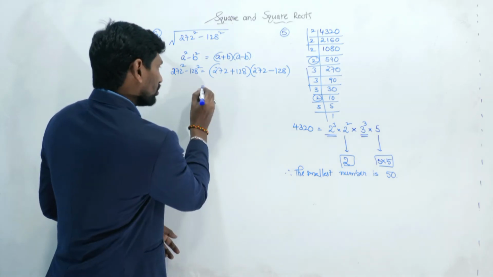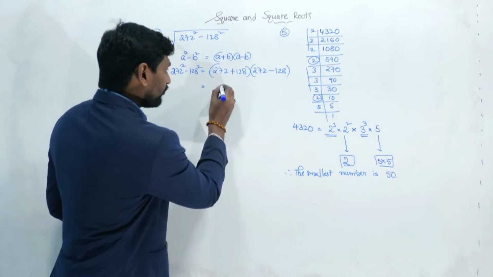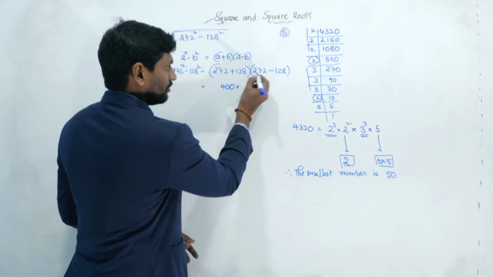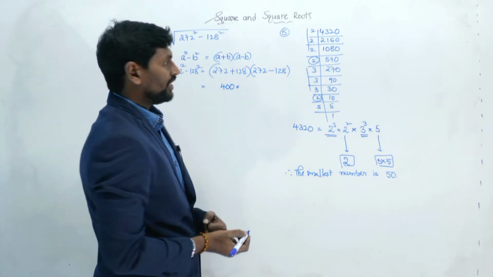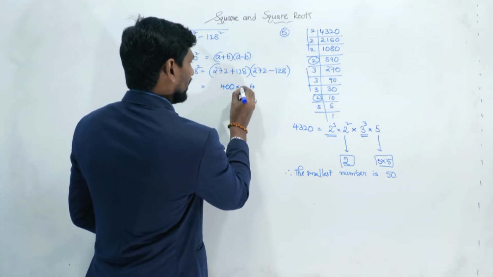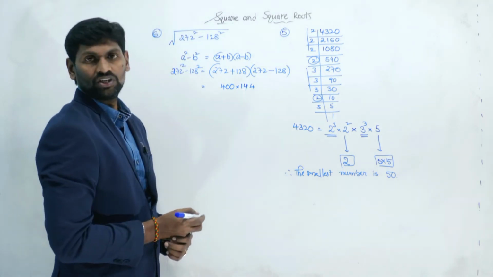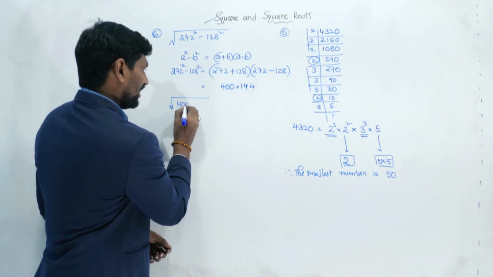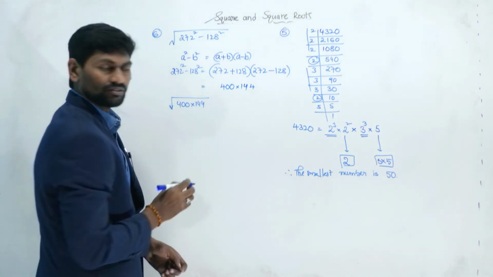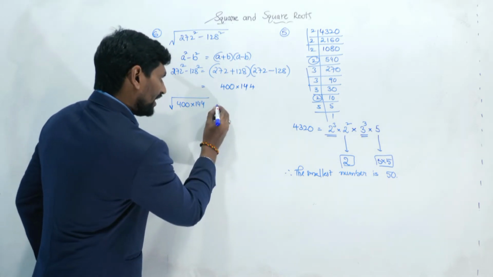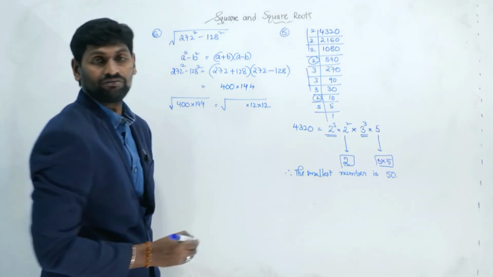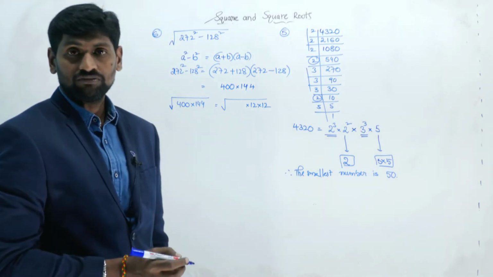Okay? So 272 plus 128 is 400. This one into 272 minus 128, the value is 144. Okay? Now this one I am writing here, that is 400 into 144. I know that 144 value is 12 12s are 144.